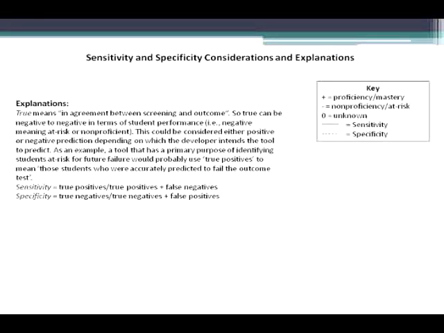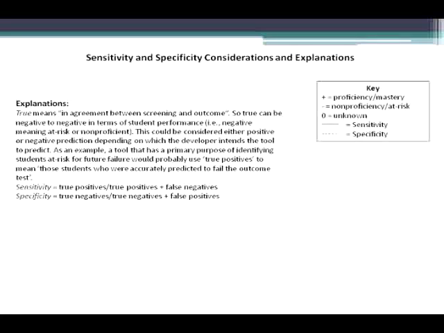This way, we see what proportion of individuals were actually predicted to be true when they should have been true. This was the basic explanation that was included on the sheet with various examples given, because there are different considerations, and that has to do with how the publisher is reporting the information.